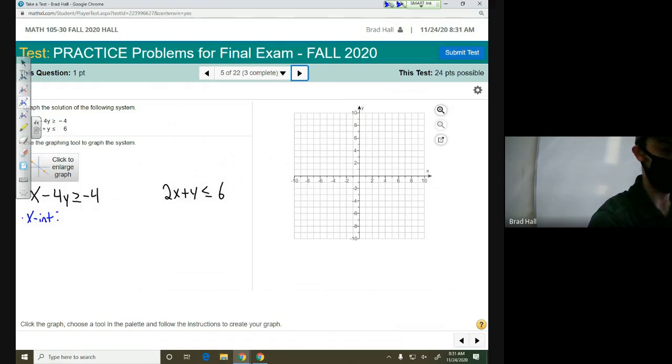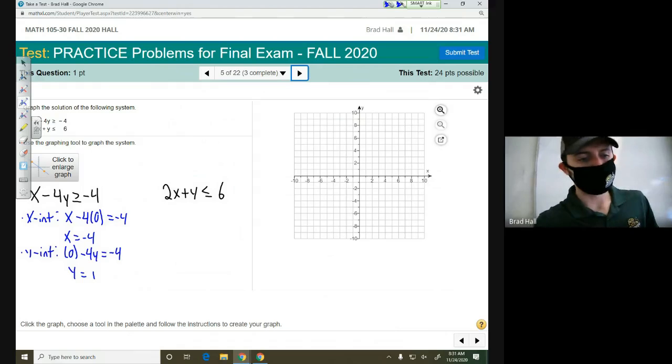For the x-intercept, hopefully you remember you set y equal to 0 for the equality. Let me just get that x is -4. Y-intercept, we set x equal to 0 and solve for y. You get that y is 1.